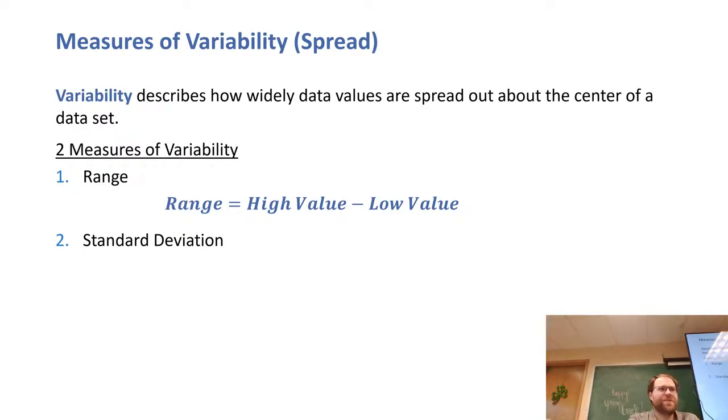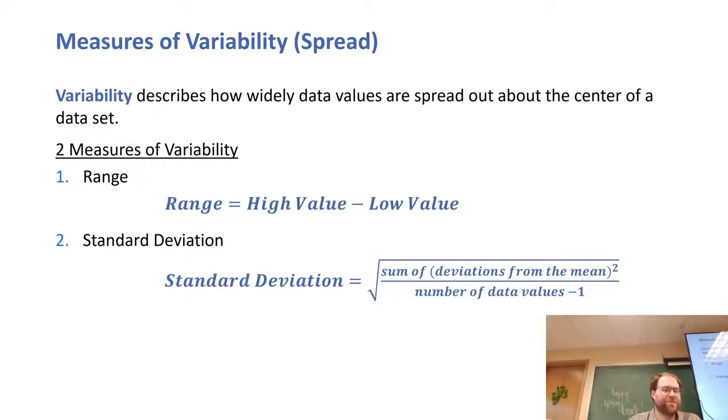The other one is called standard deviation. There's a rather fun formula there. Standard deviation equals the square root of the sum of all the deviations from the mean squared over the number of data values minus 1.